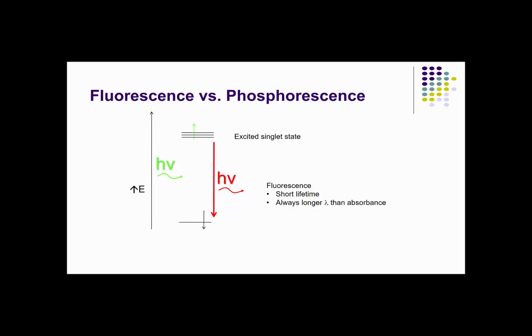The energy of emission is always less than the energy for absorption, and this means that emission is always red-shifted relative to absorption. Fluorescence lifetime is a term that's often used, and it refers to the average time that it takes the molecule before it emits a photon and returns to its ground state. The lifetime for fluorescence is relatively short, on the order of nano to picoseconds.